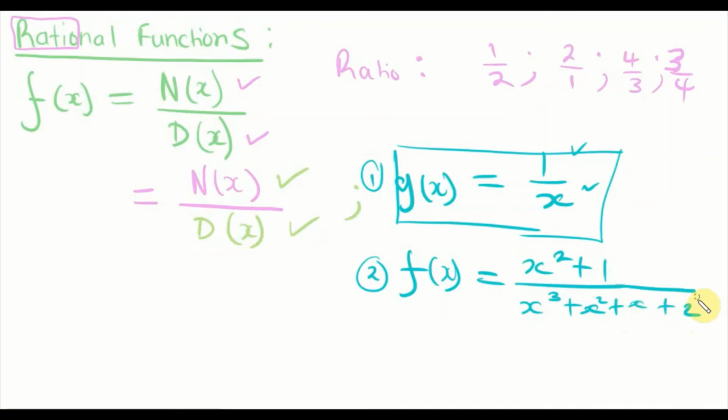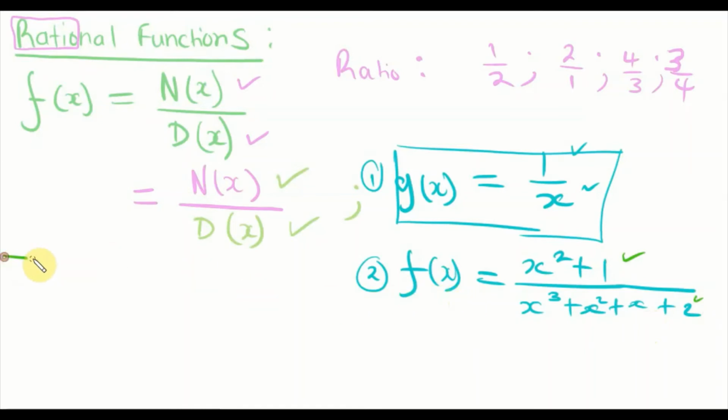The question is, is this a rational function? Based on our prior discussion, we ask ourselves two questions. Does it have a numerator? If the answer is yes, give it a tick. Does it have a denominator? Yes. So it has a numerator and a denominator, therefore yes, it is a rational function.